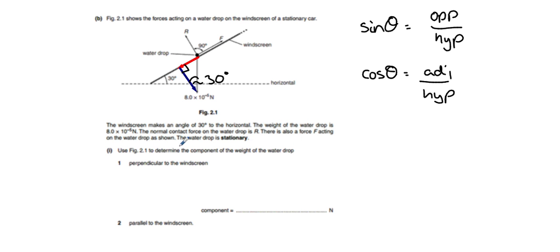Okay, so the perpendicular component, this blue leg, is adjacent to this angle. You can see it's adjacent to the angle, therefore I'm going to use the cosine. So I'm trying to find the adjacent.